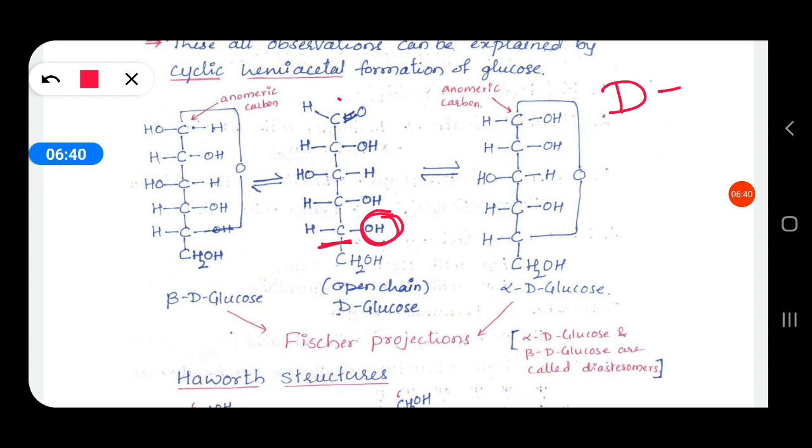If the OH group is on the left side, then it is written as capital L. D and L represent the position of the OH group on the farthest asymmetric carbon. Okay, so this is the open chain structure of D-glucose.